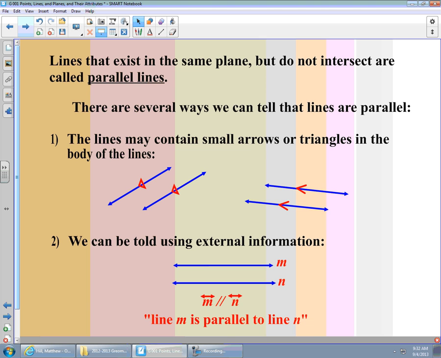Right underneath we can see some little shorthand symbolic notation: line M, then a little double slash mark between them. That is a symbol meaning is parallel to, and then line N. The way you'd pronounce that is line M is parallel to line N.